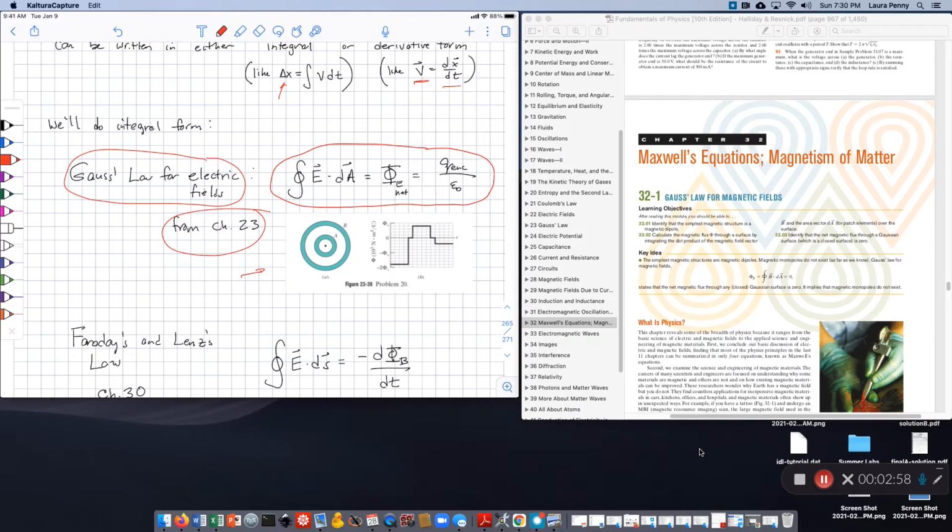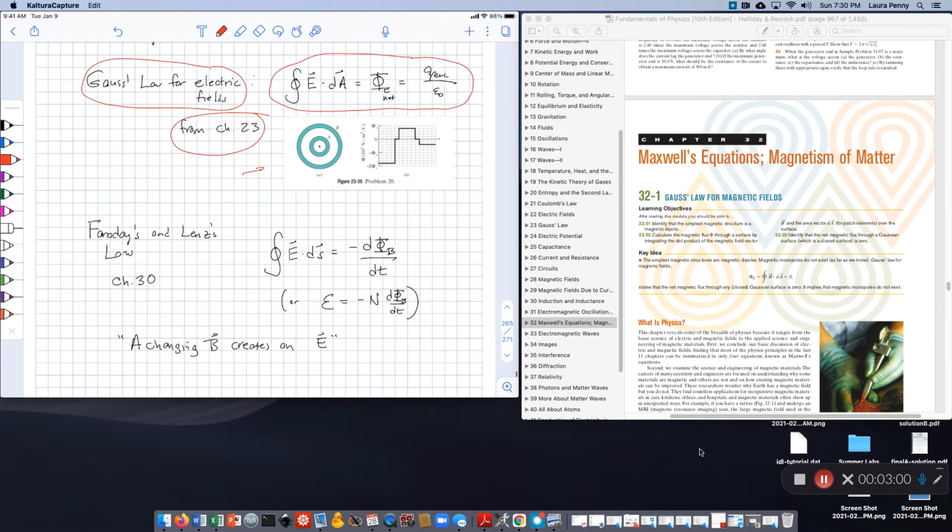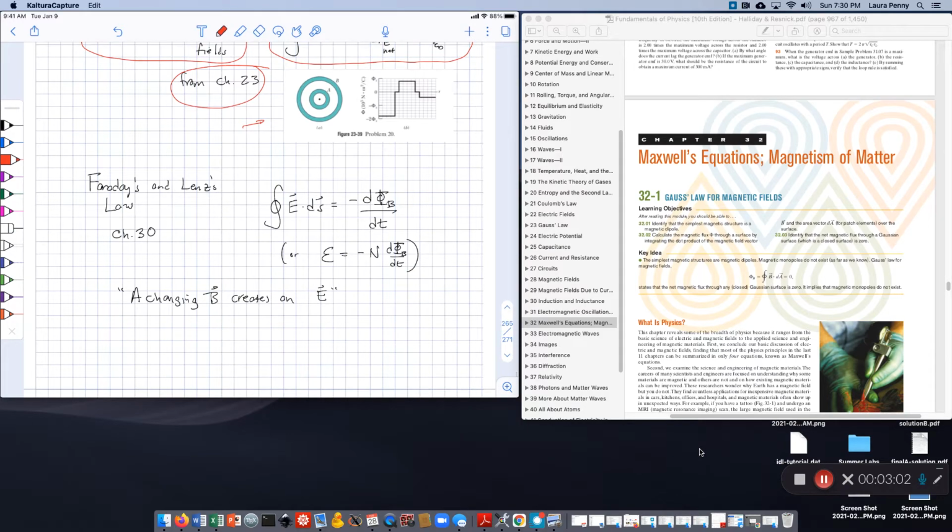The second one that we've really already completely covered, although it's usually written as the third one down, is what we just did in chapter 30, Faraday's and Lenz's law. Most of the time when we were doing Faraday's and Lenz's law, it looked like this, where we have a loop of wire in a region where the magnetic flux is changing, right?